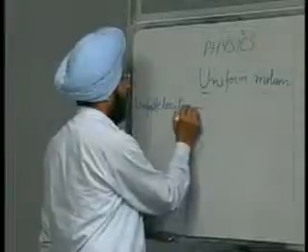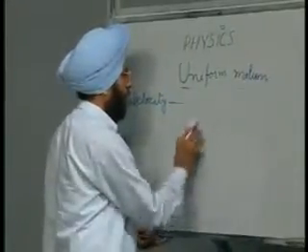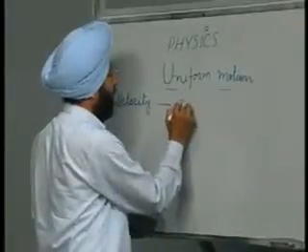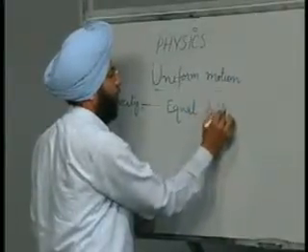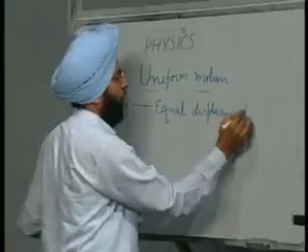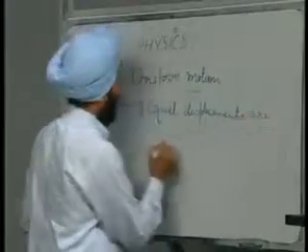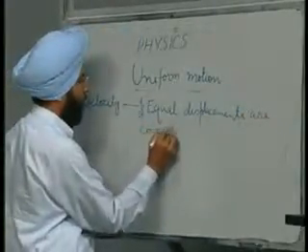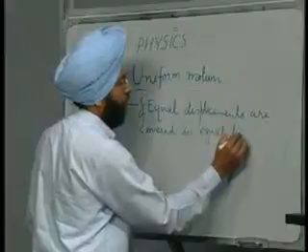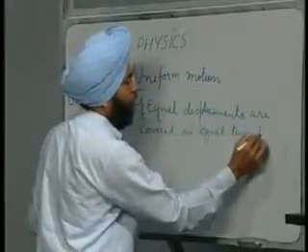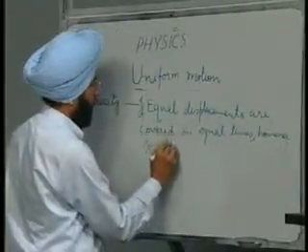Uniform velocity is if we have equal displacements covered in equal times, however small the time may be.